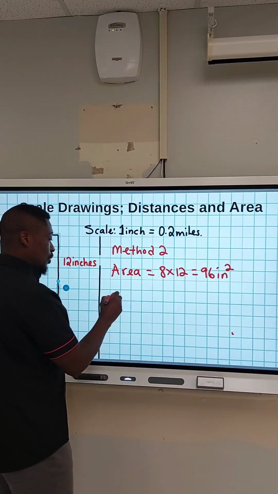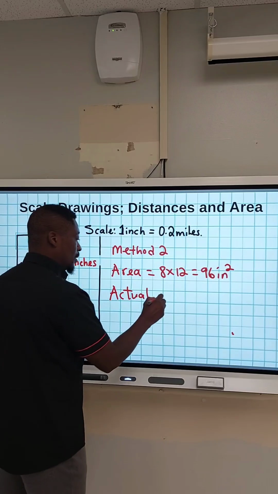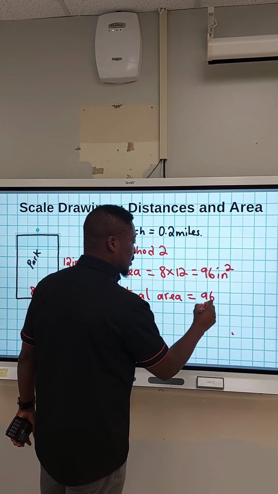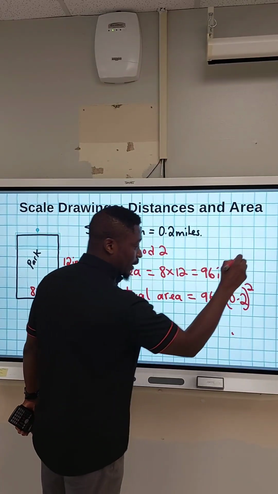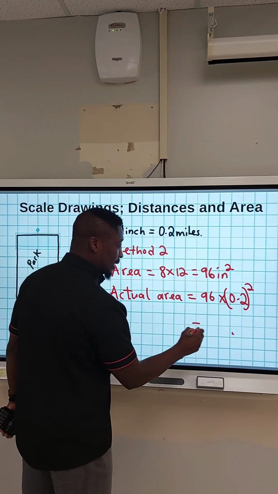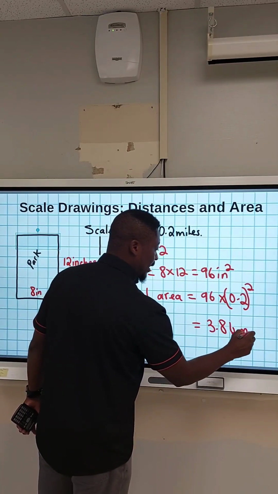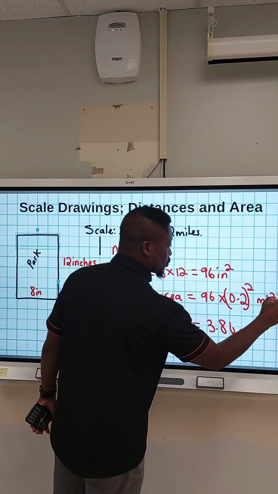Okay, so actual area will be 96 times 0.2 squared. We have to square it, okay, and that will give us 3.84 square miles. So now this will be in square miles.